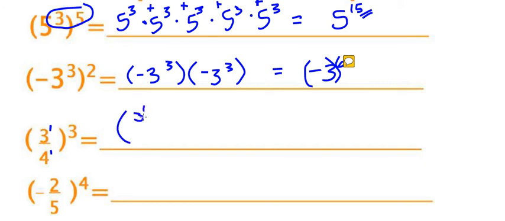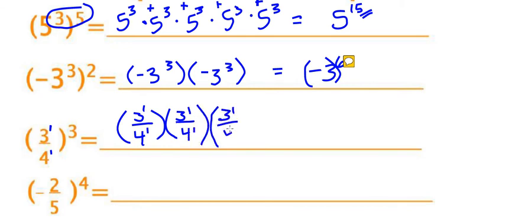So this is 3 to the first over 4 to the first times 3 to the first over 4 to the first times 3 to the first over 4 to the first, because it tells us that we need to be thinking about 3 of whatever this base is, 3/4.